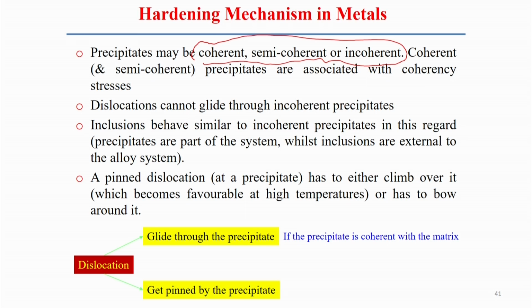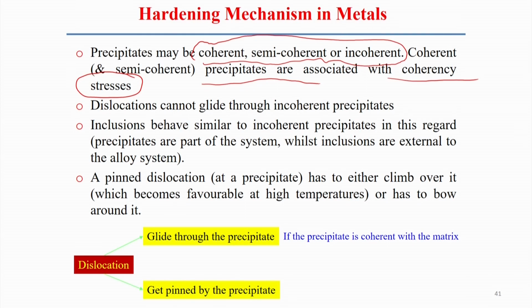Coherent or semi-coherent precipitates are associated with coherency stresses. When you try to understand precipitation, we look in terms of the coherency with the matrix structure, the base metal, and accordingly we can analyze the effect of the precipitates in the hardening mechanism of metals.